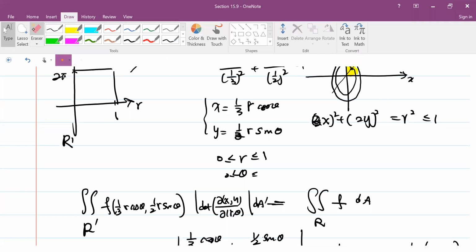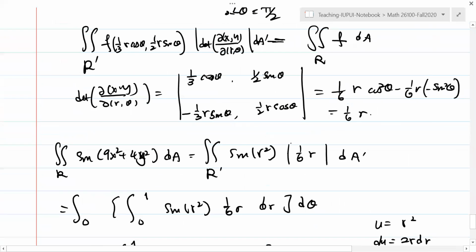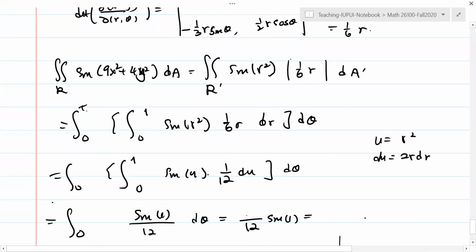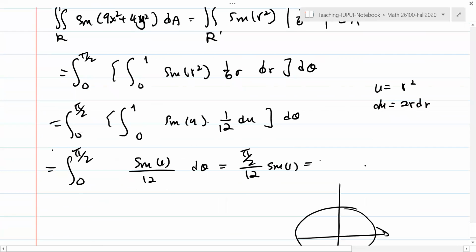So this will be π over 2, and this will be π over 2, so it'll be π over 24 sine 1.